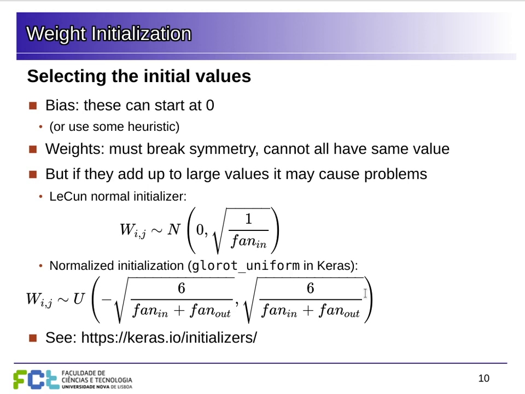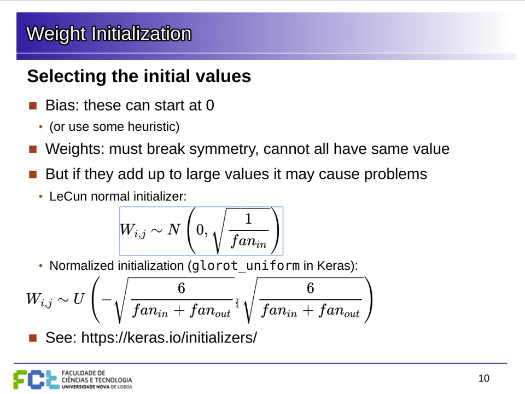So typically, initialization involves selecting random numbers that come from a range that depends on these values: how many inputs you have into the layer. This is usually called the fan-in parameter. It's the size of the fan that is coming into the layer, and how many outputs you have in the layer.